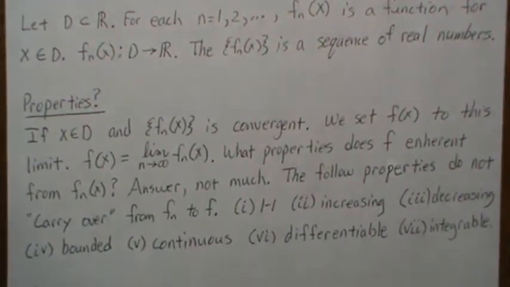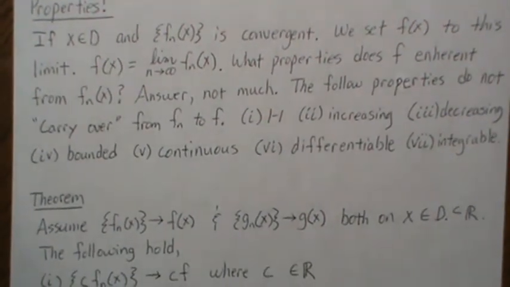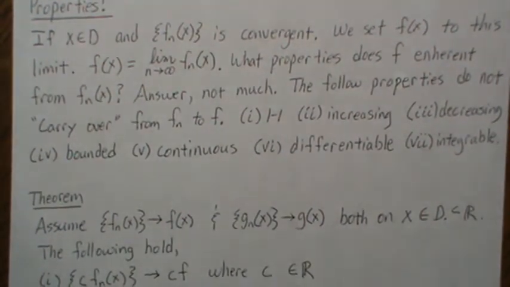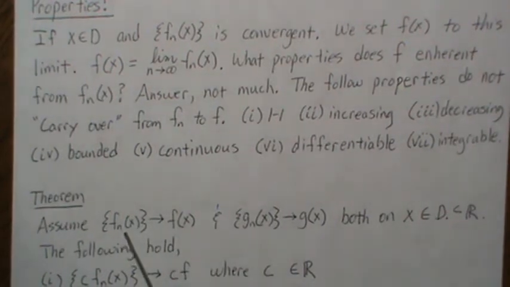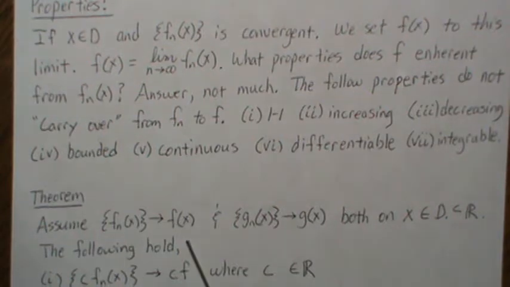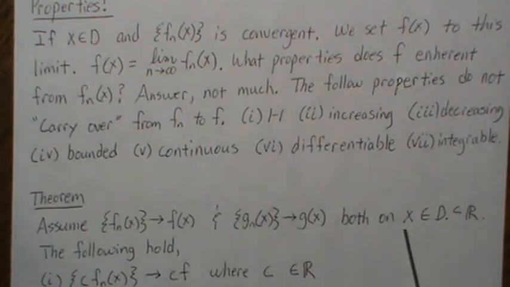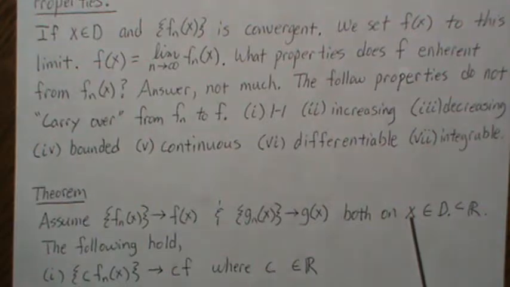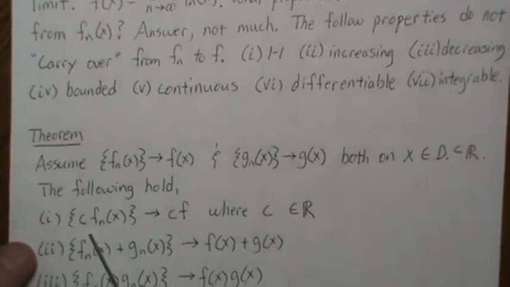But first I want to point out a theorem here that we sort of talked about in the first video on this playlist. Let's assume this series converges. Remember, these are real numbers. F of n converges to f and g of n converges to g on the set D, which is a subset of the real numbers, and this is for each x. So for a given x, these converge. Then the following hold.